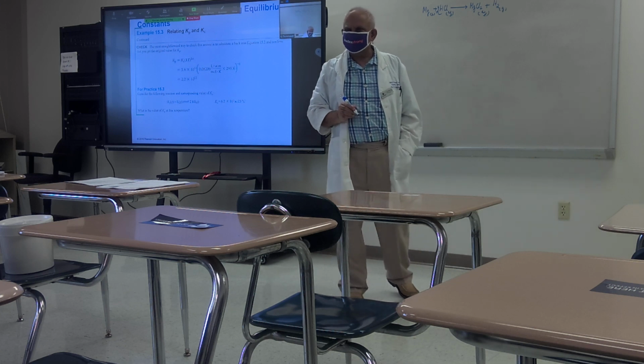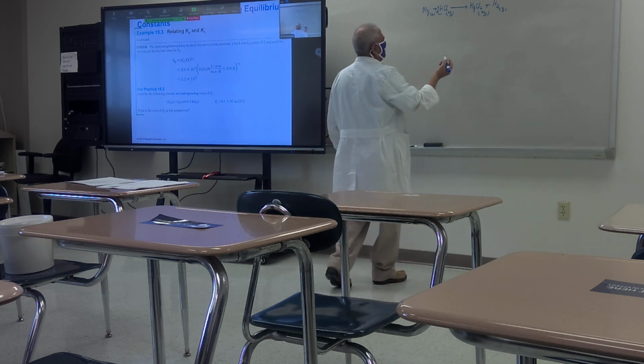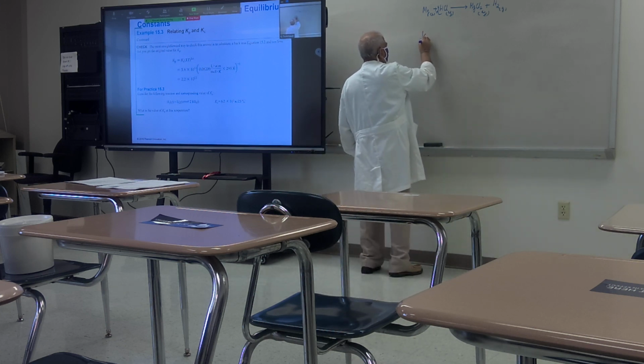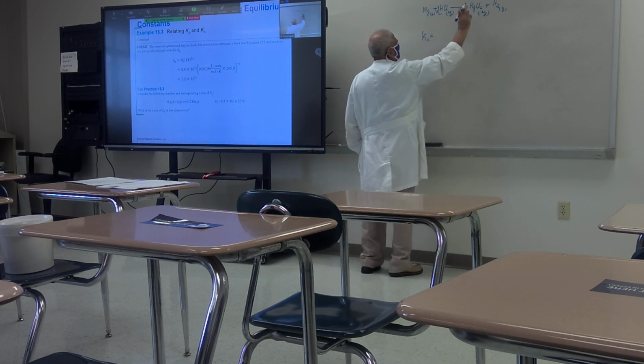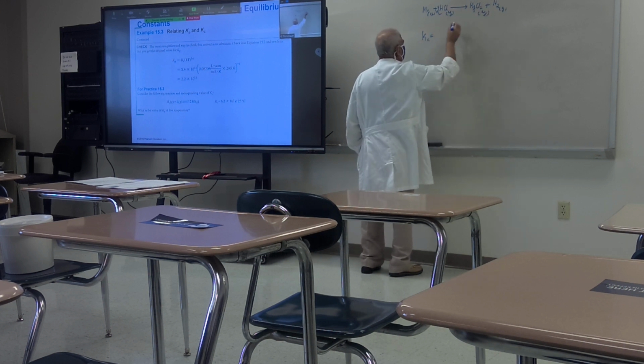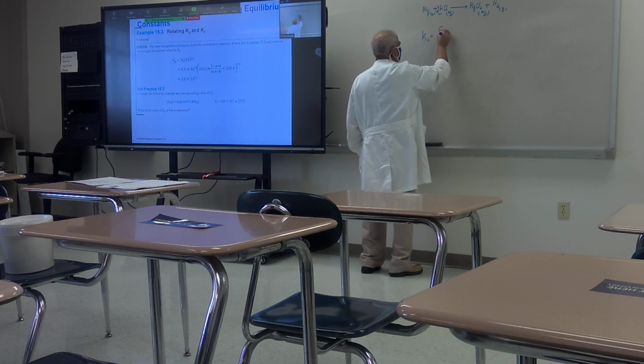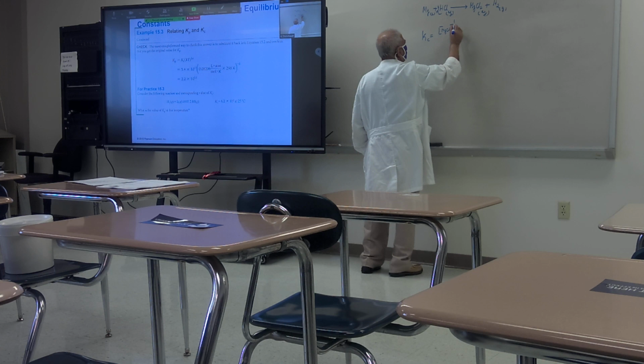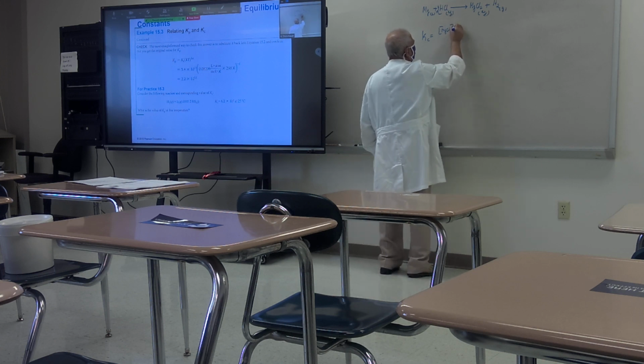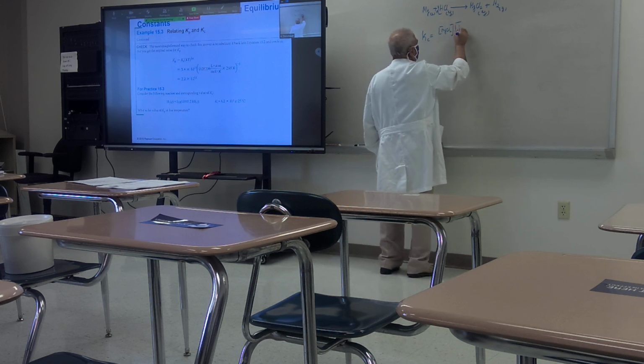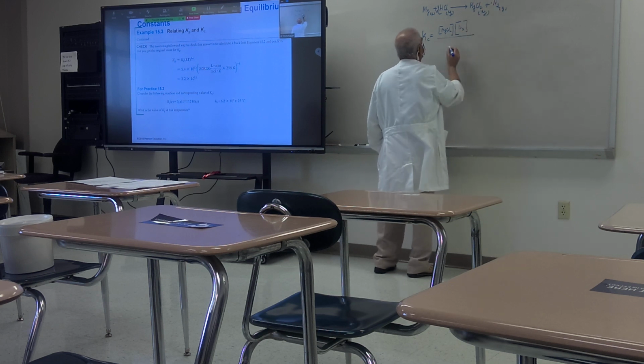You got my point? Now, how do you write the Kc equation here? Kc equals the molar concentration of the products, MgCl2, there is a power of 1, I don't need to write that, times the molar concentration of hydrogen, one molecule, no need to.